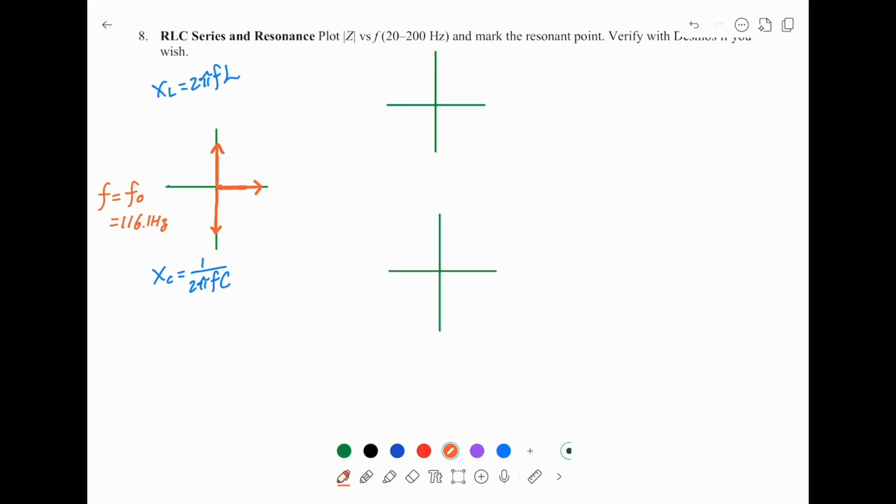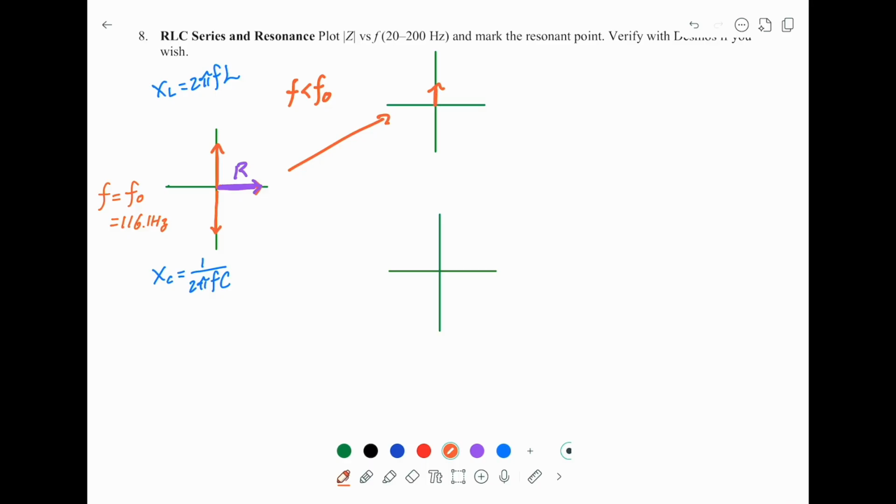That's why they cancel out. The overall impedance is R. Now, let's think about what happens if F is less than the resonant frequency. If F is less than the resonant frequency, it means the inductive reactance will be less.